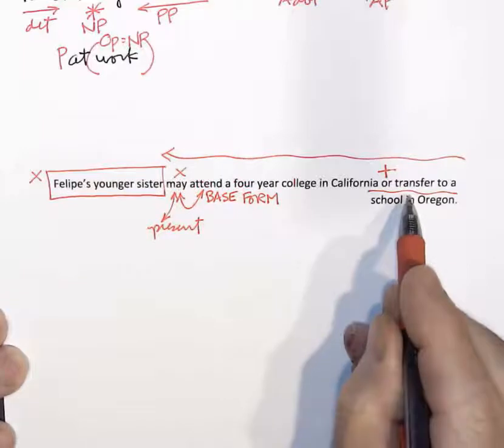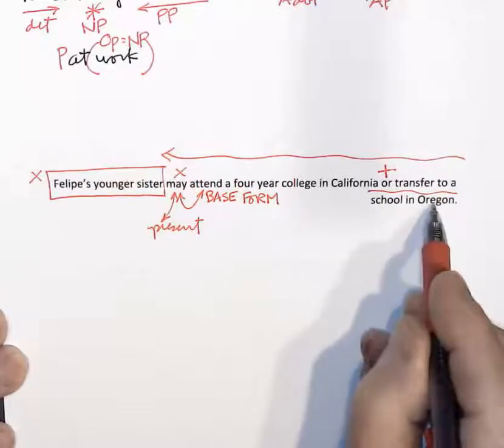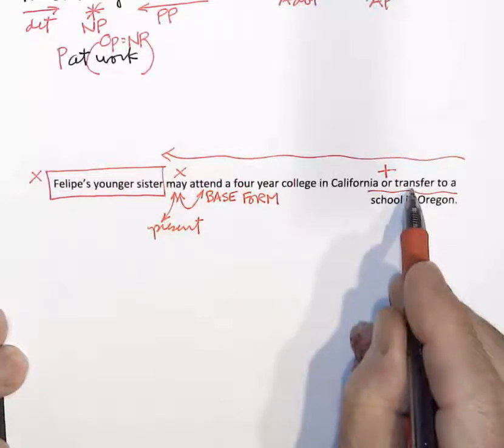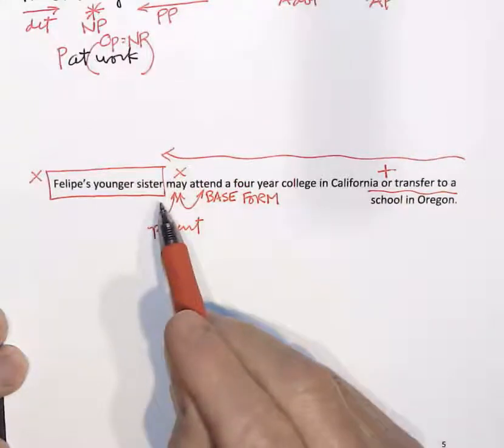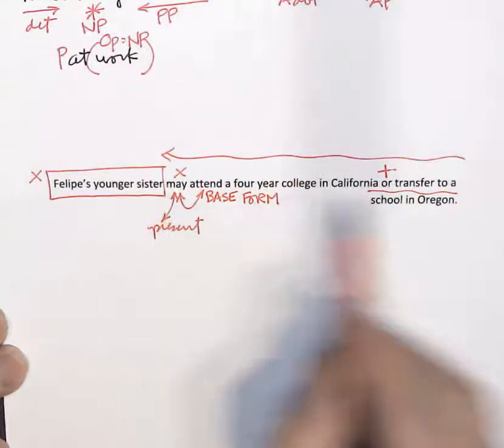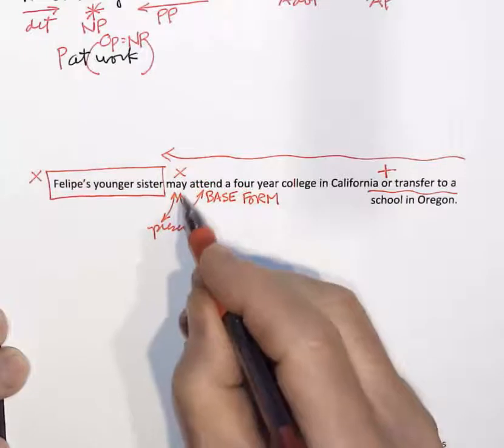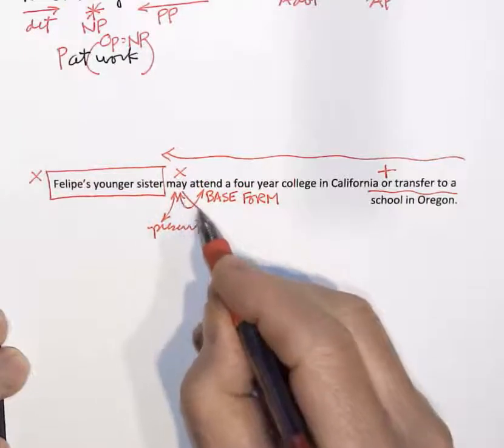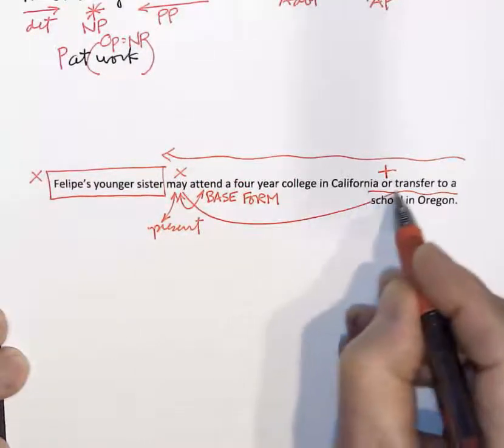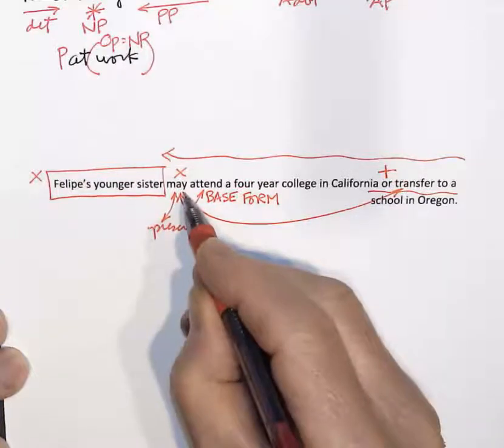Now, transfer to a school in Oregon, transfer is a verb, and I could say Felipe's younger sister may transfer. So really, may and transfer also tie together.